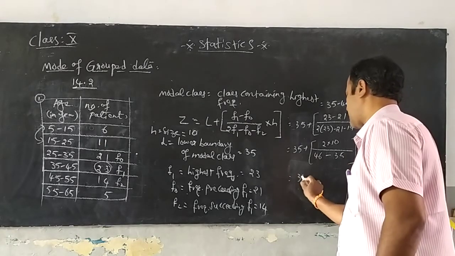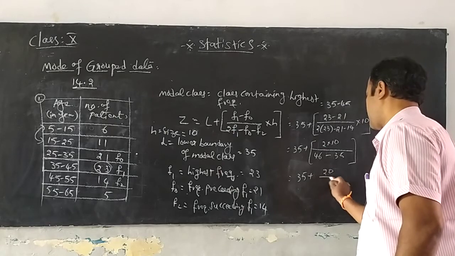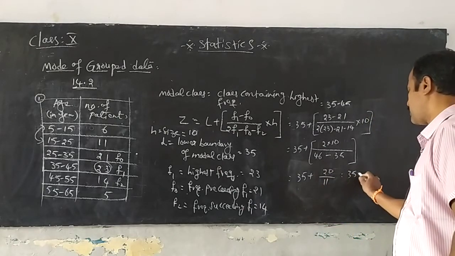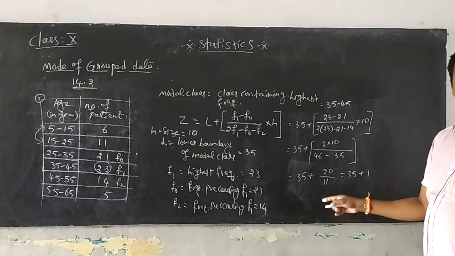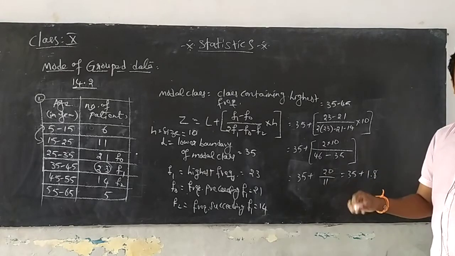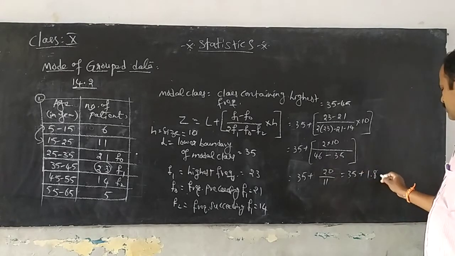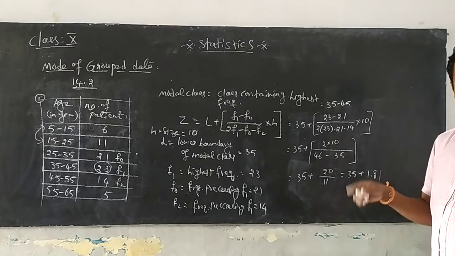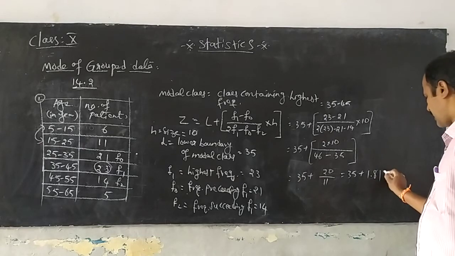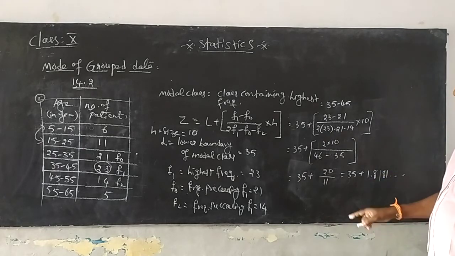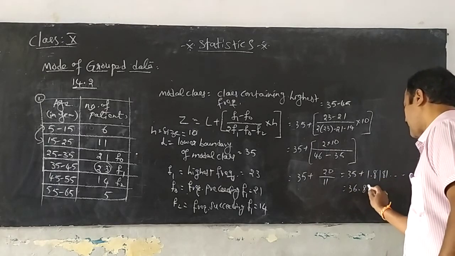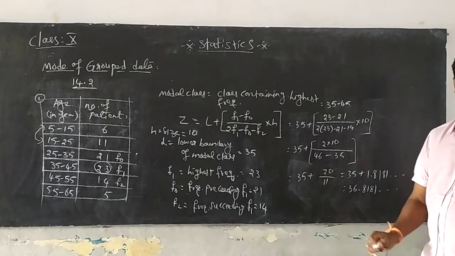So it is 35 plus 20 by 11. Dividing 20 by 11 gives 1.8181, and so on. So 35 plus 1.8181 is 36.8181, and so on.